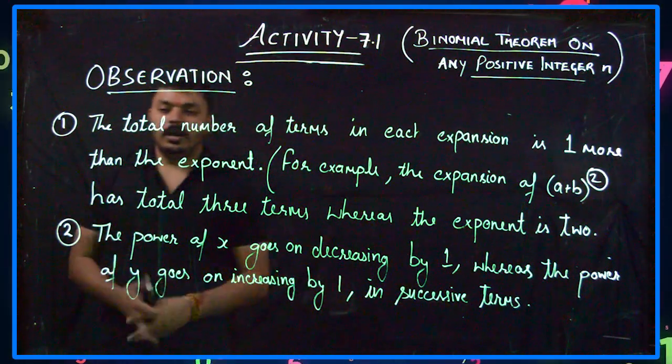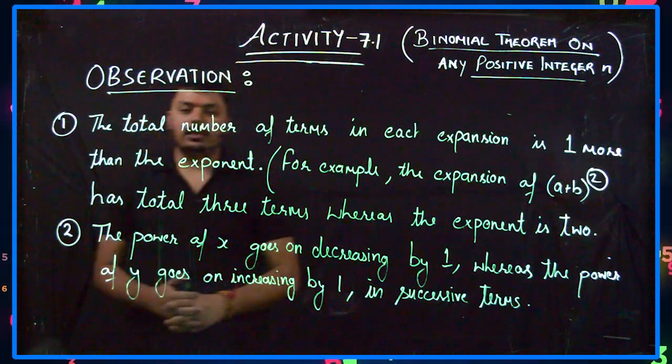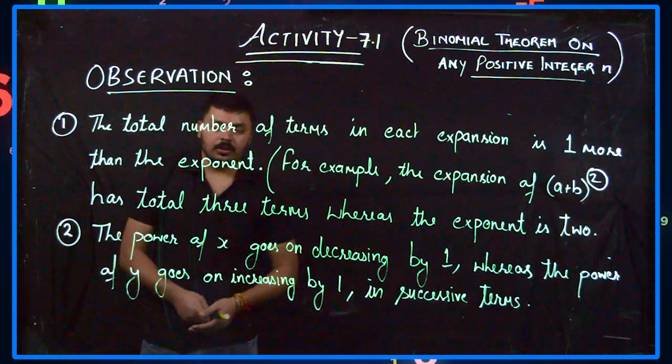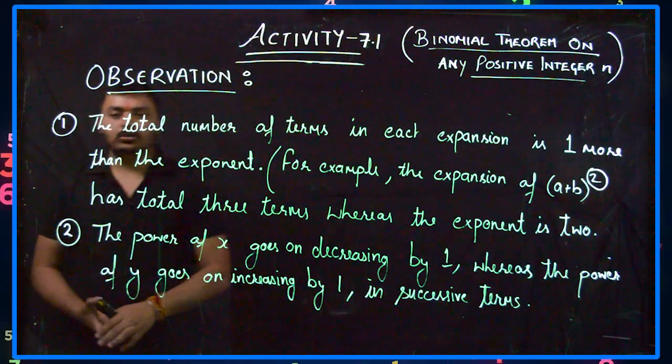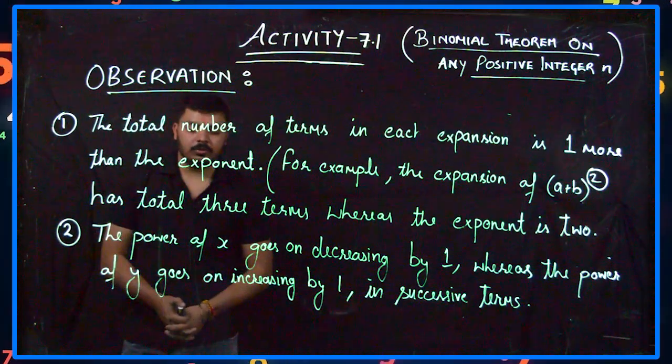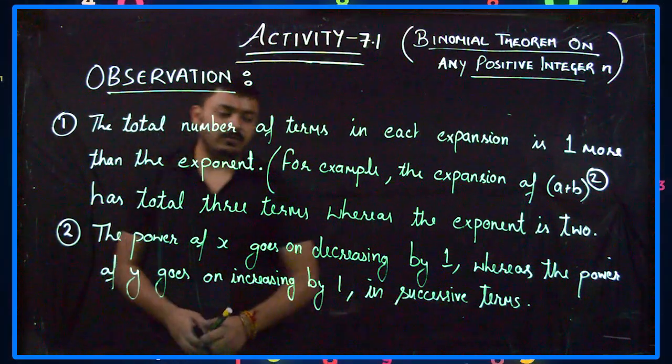Such as x plus y whole square. So first term is x square and the next term is its successive term. So in the next term x goes to the power 1 and y is increased to the power 1. So it becomes x to the power 1 and y to the power 1.